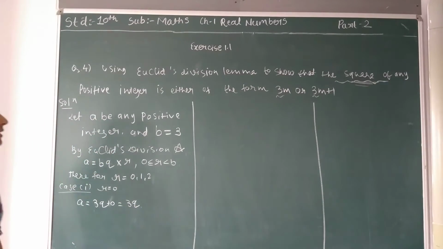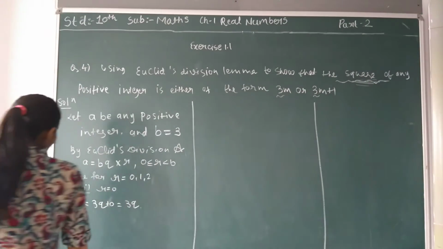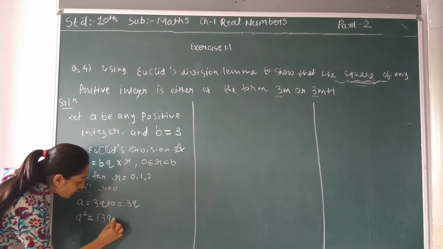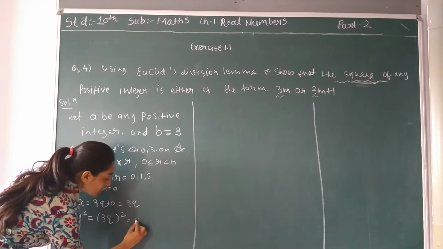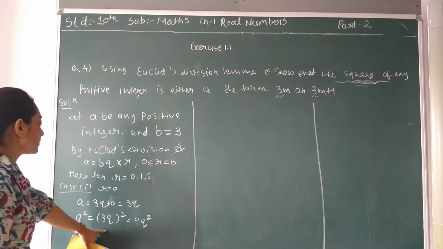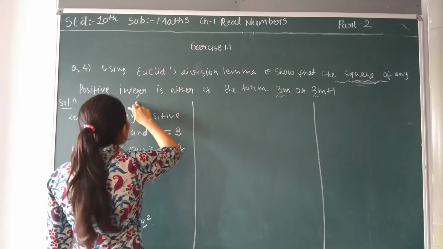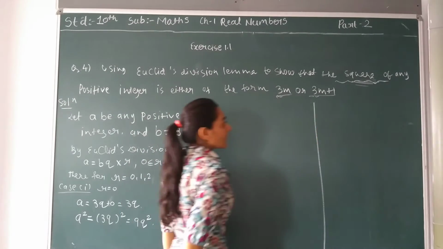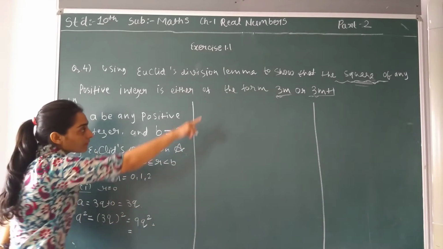But in this question we are asked about the square of any number, so we have to take the square of it. So a squared equals 3q squared, which is 9q squared. Now look here. We have to show that the square of a positive integer is in the form 3m or 3m plus 1. So can you identify its form?